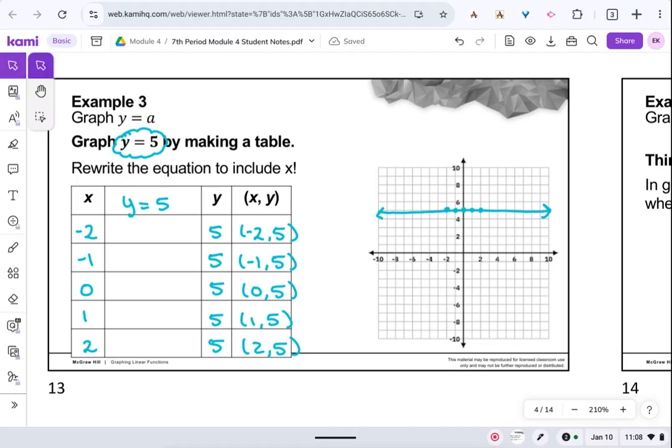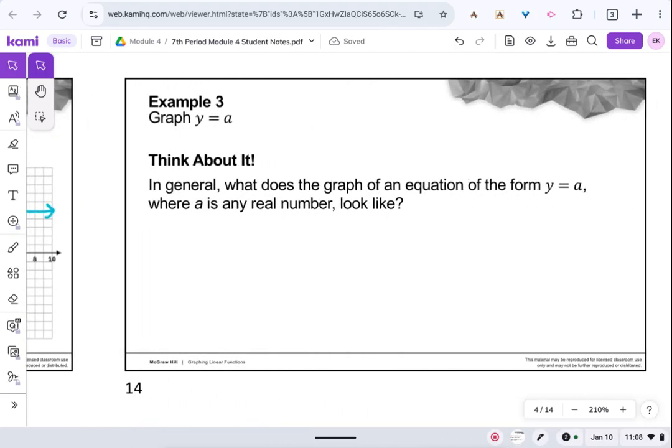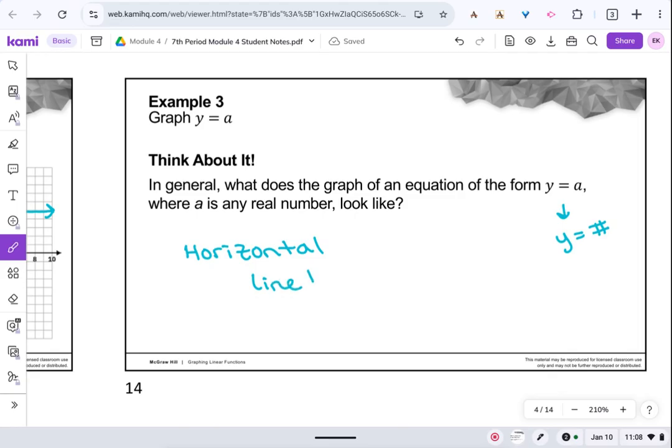So I'm going to jump over to slide 14. In general, what is the graph of an equation in the form of y equals a? I also just like to rewrite this as y equal to some number. So whatever number y is equal to, our graphs are always going to be what we call a horizontal line. Okay?